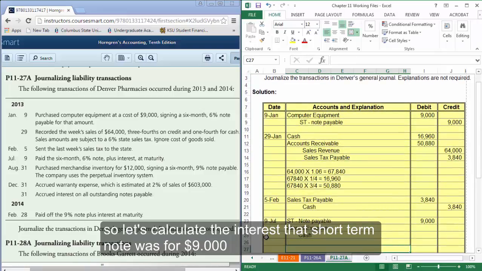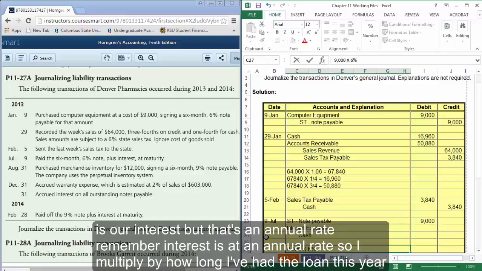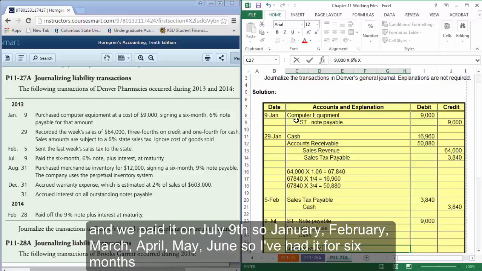That short-term note was for $9,000. 9,000 times the rate, which is 6%, is going to be our interest, but that's an annual rate. Remember, the interest is at an annual rate. So I have to multiply it by how long I've had the loan for this year. So I got the note in January, so I've had it January, February, March, April, May, June, and we paid it on July 9th.